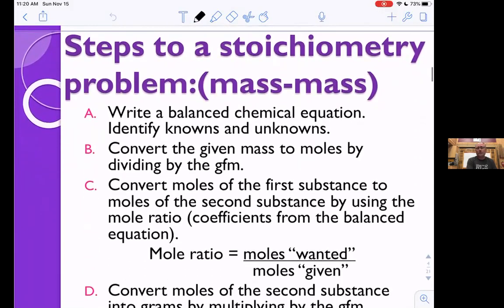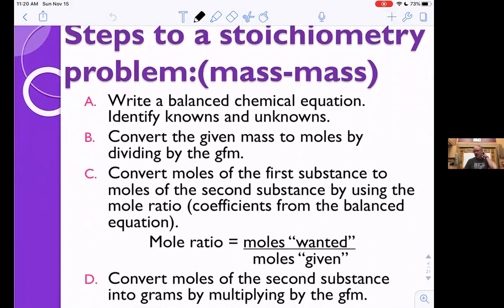All right, so steps to a stoichiometry problem, and I'm just going to kind of fly through this. I have found that it's better for you guys to see than it is for me to read. But okay, first thing you do is you write a balanced equation. You identify what your givens and your wants are, your knowns and your unknowns. You're going to have to convert whatever mass it is that you're given to moles so you can use your mole ratio. Here's the important part.